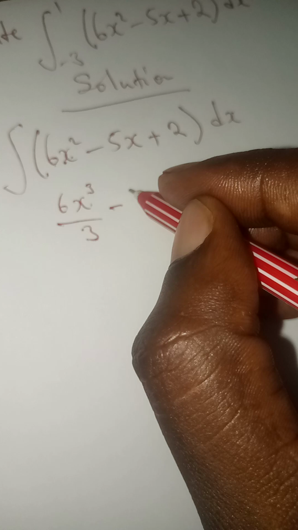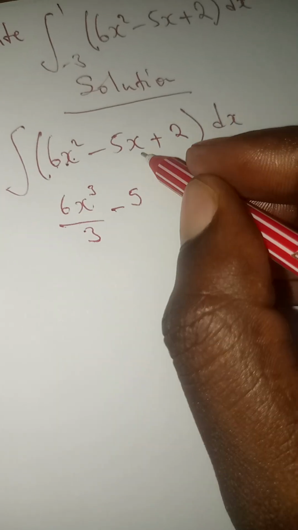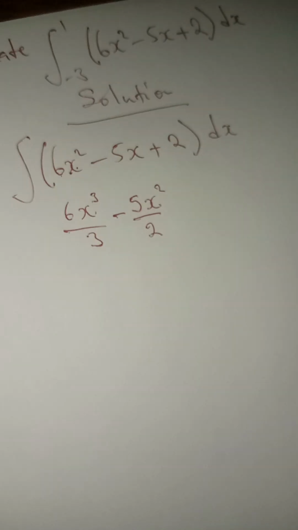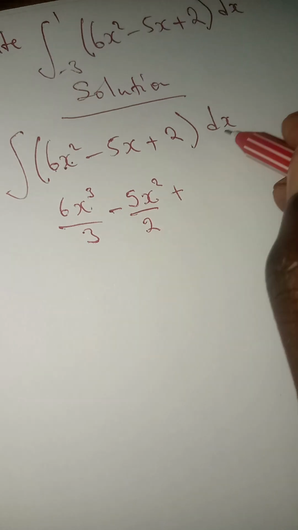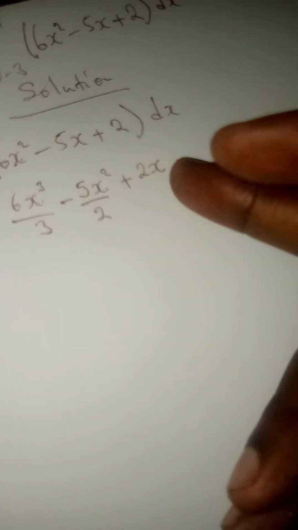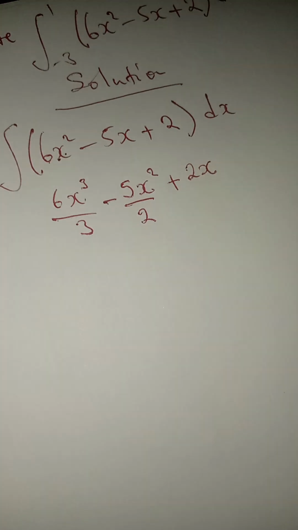Then for the 5, multiplying x by x gives x to the power 2, so we also divide by 2 here. Then plus 2 times x gives 2x, where this x is to the power 1. Every number we divide by 1 is just the number itself.